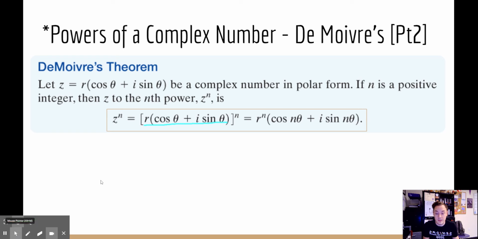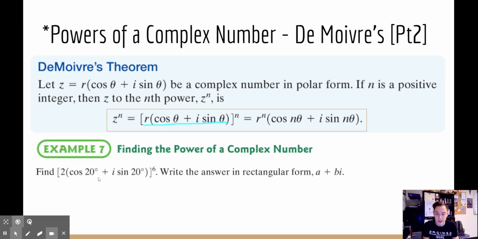Very interesting stuff. So I'm going to give you an example here, and I'm going to show you what this is. I want to write this in rectangular form. How do I write this in rectangular form? Well, both of these forms bounce back and forth. So you could use this one, and this is the one that they actually give you.